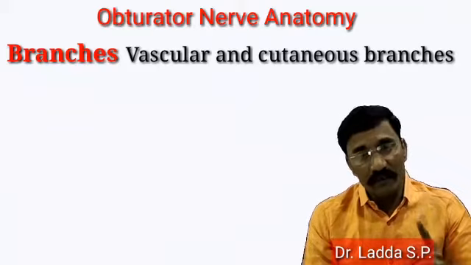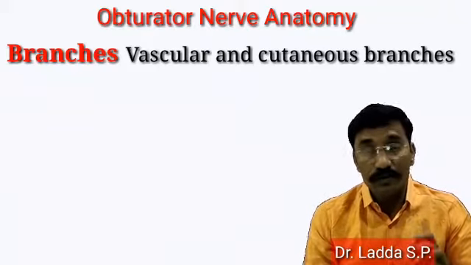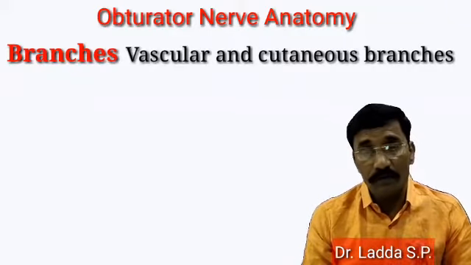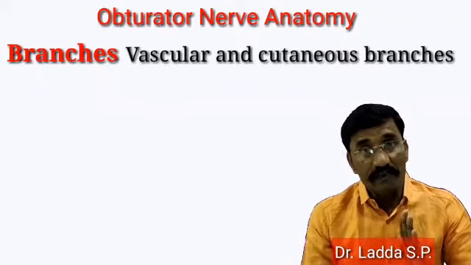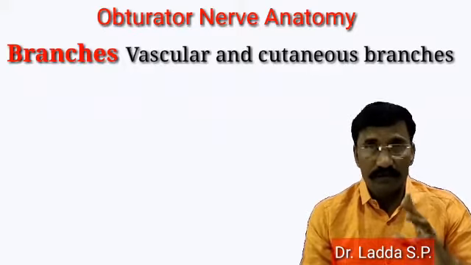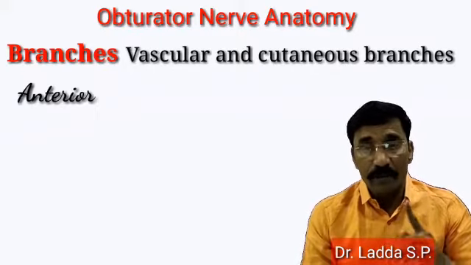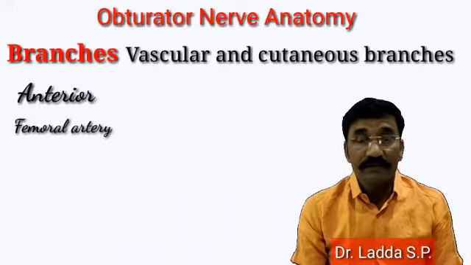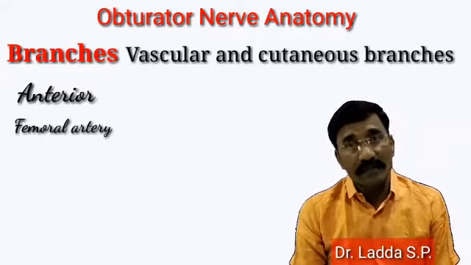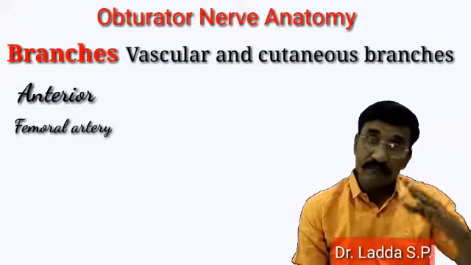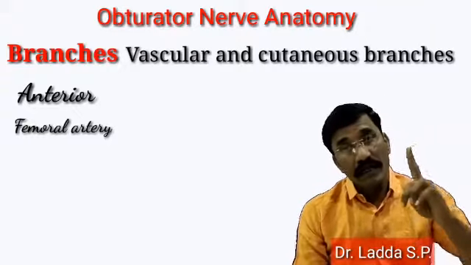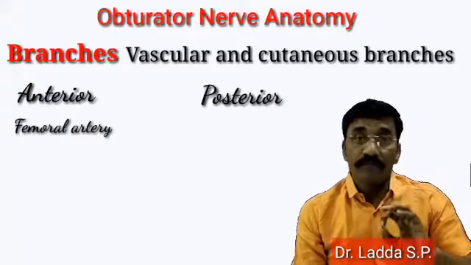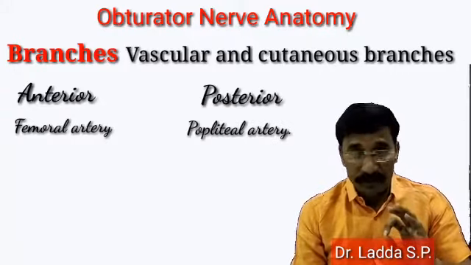Now the next one is vascular and cutaneous. The vascular and cutaneous branches are also derived from both anterior and posterior divisions of obturator nerve. The femoral artery is supplied by the vascular branch of anterior division, and the popliteal artery is supplied by the vascular branch of posterior division.